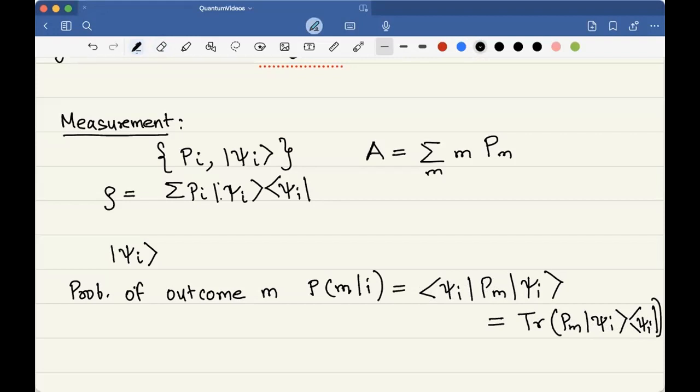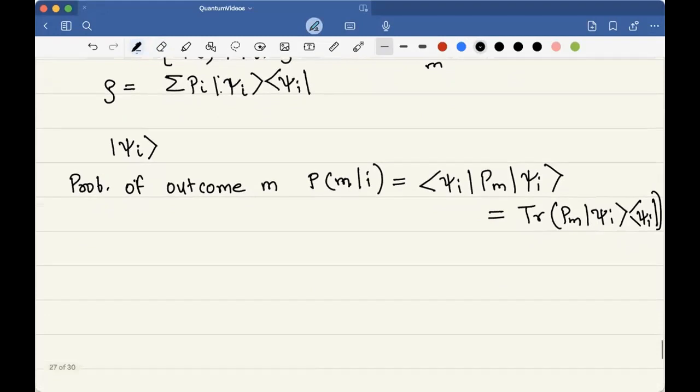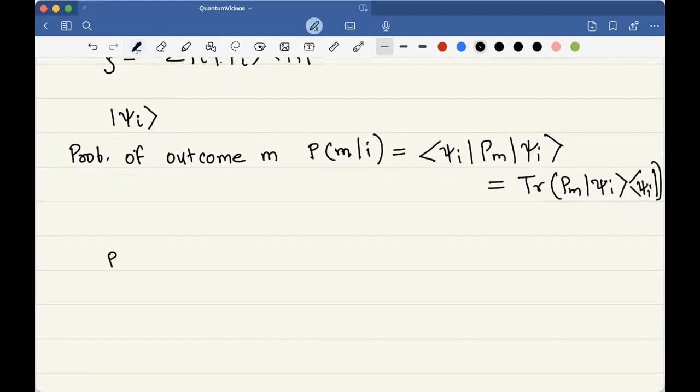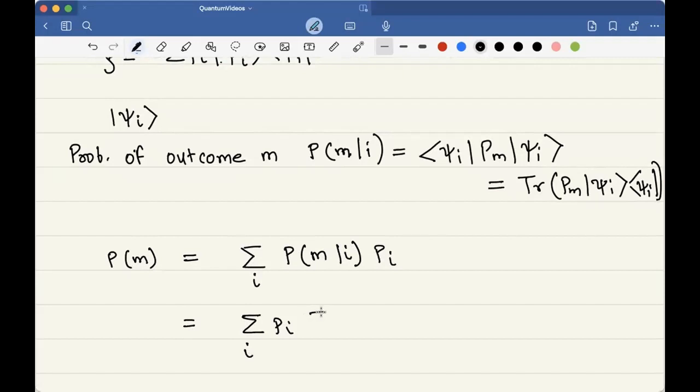Now, the probability of getting outcome m, P of m, will be, by the law of total probability, the sum over i of P of m given i times p_i. So this is going to be equal to the summation over i of p_i times the trace of P_m ket psi_i bra psi_i.